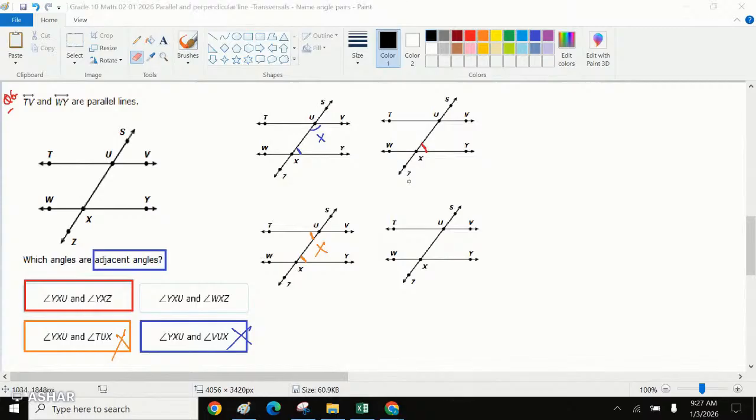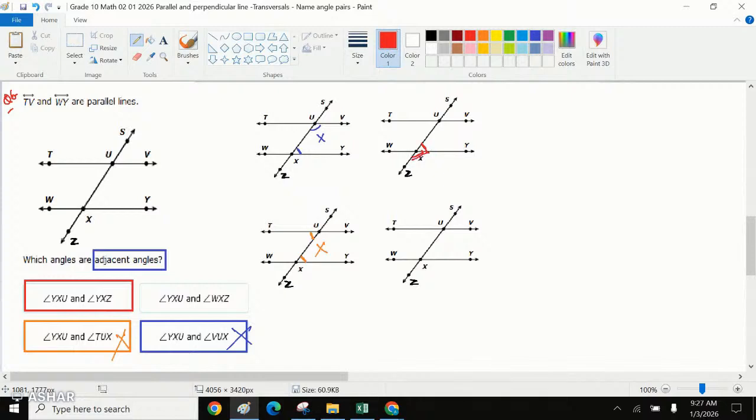This is Z over here. YXZ, sorry. This is YXZ, because this was Z. So the second angle we have is YXU and YXZ.